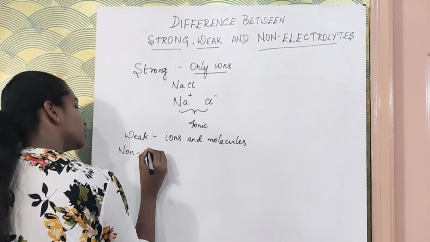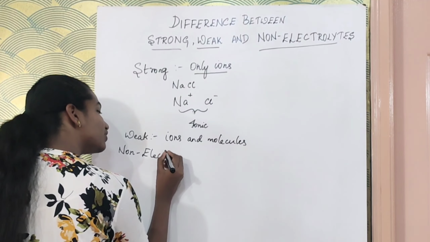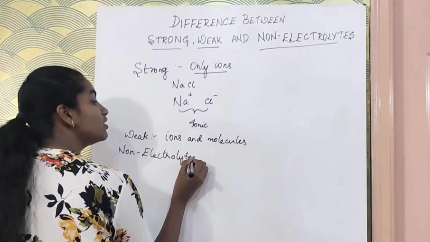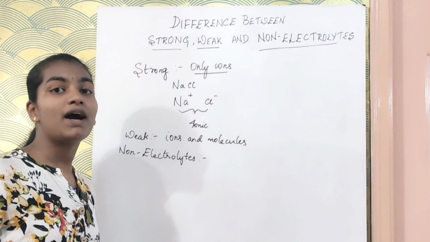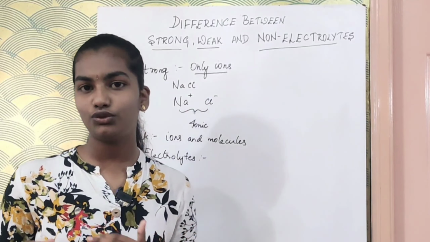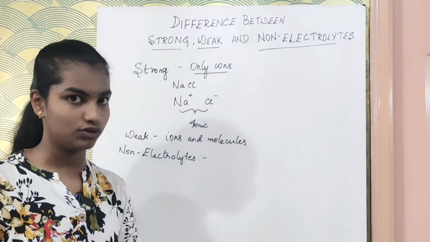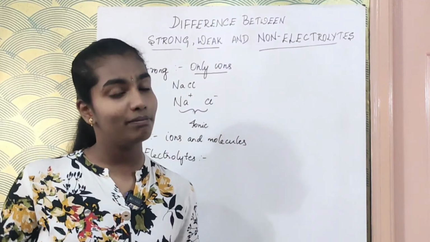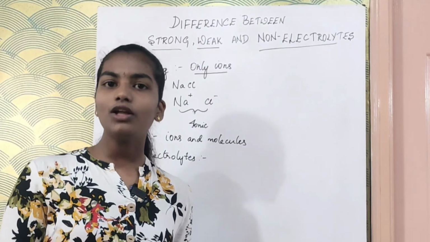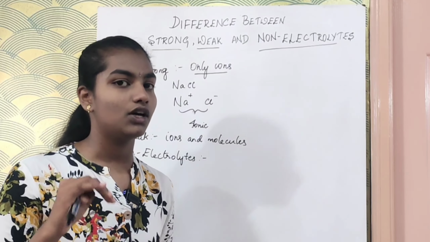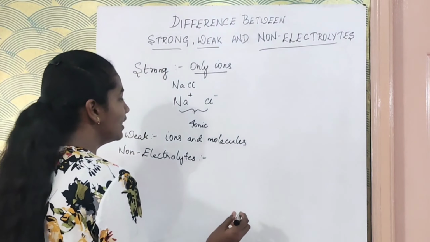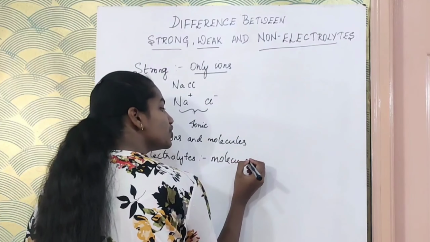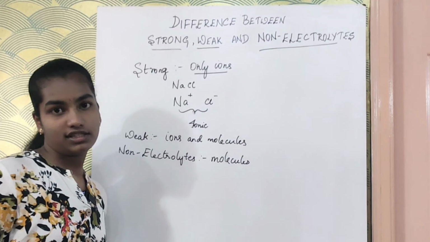Next we have non-electrolytes. Now what do you mean by non-electrolytes? Same thing, the compounds which do not pass electricity through them are non-electrolytes. Now what is the only type of compound which is left? Non-polar covalent bonds, right? Non-polar covalent compounds have only molecules, they have no charged ions.